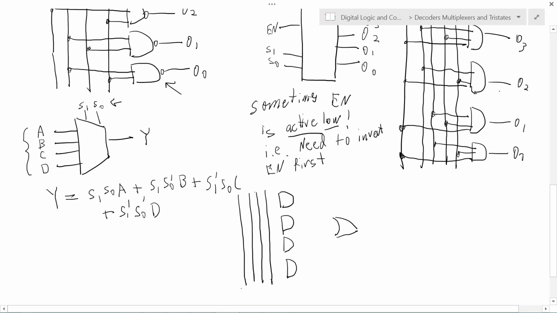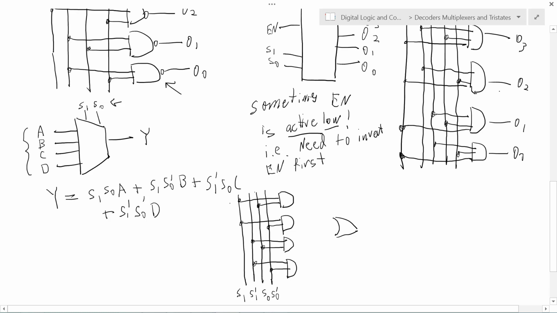Give ourselves a little more space, and let's label it at the bottom: S1, S1 prime, S0, S0 prime. And we can connect 1, 1, 1, 0, 0, 1, and 0, 0.